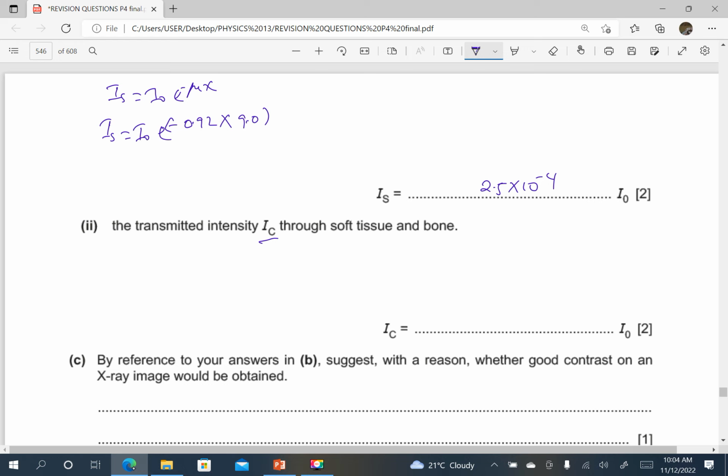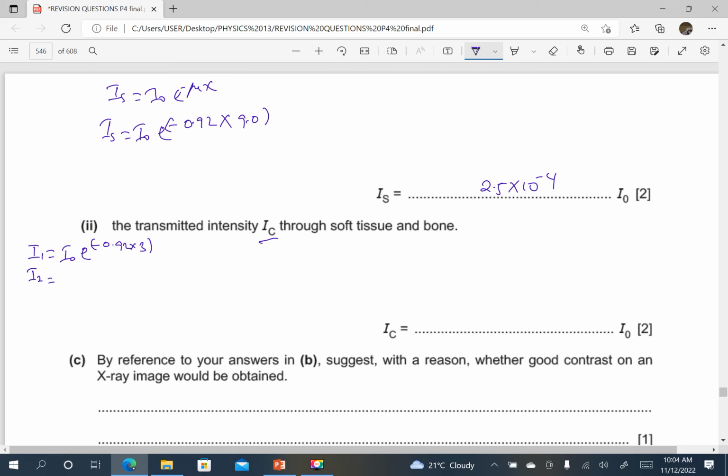So we have already seen that, let's say I1 is what just arrives at the bone. So I1 is going to be I naught e power, because it is passing through soft tissue, negative 0.92 times the thickness, which is 3, before it reaches bone. Then I1 is incident on the bone and what leaves the bone, what arrives at the other end of the bone, is I2.